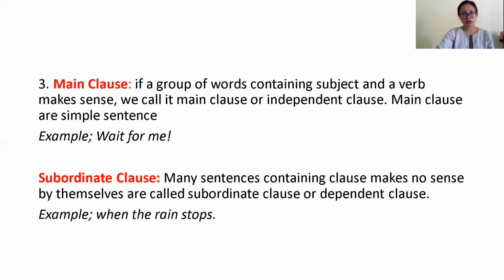Whether you are going to your uncle's house or somewhere else or doing something else, we don't know. This type of incomplete sentence, which makes no sense by itself, we call a what? Subordinate clause or dependent clause.